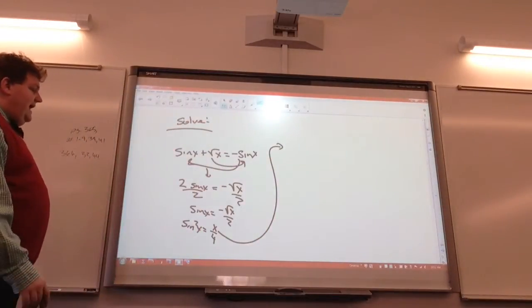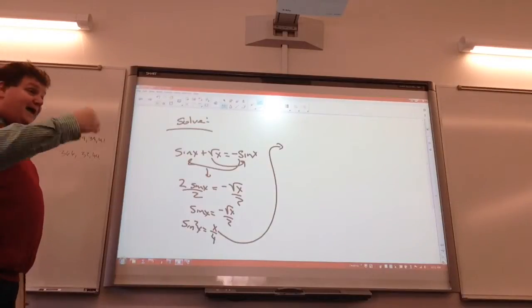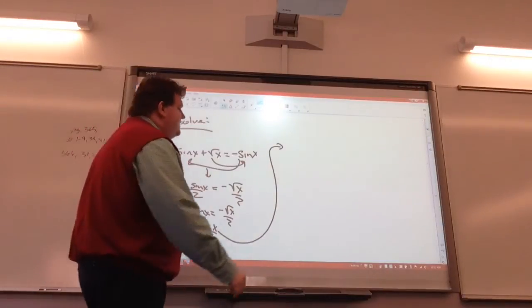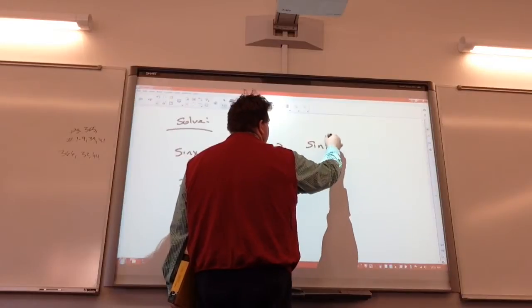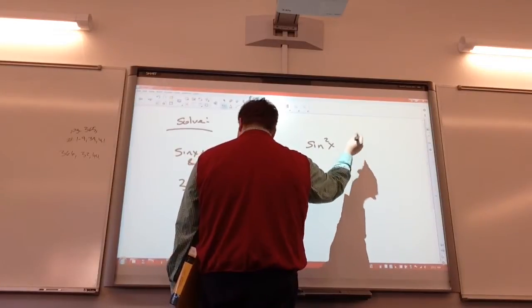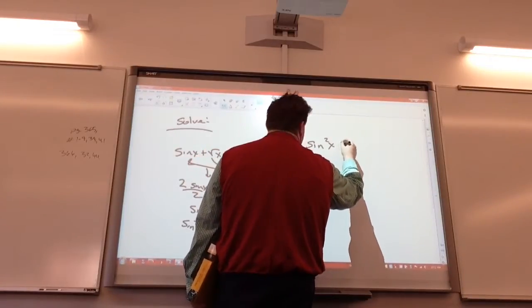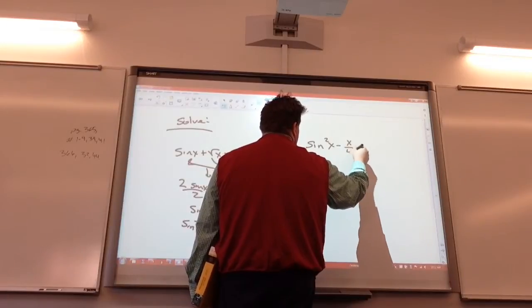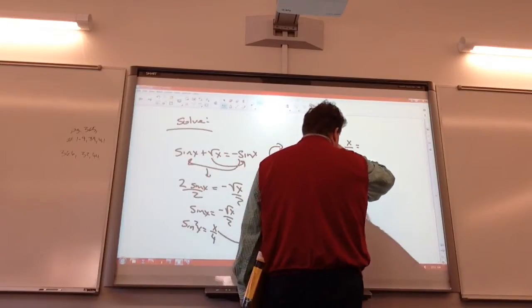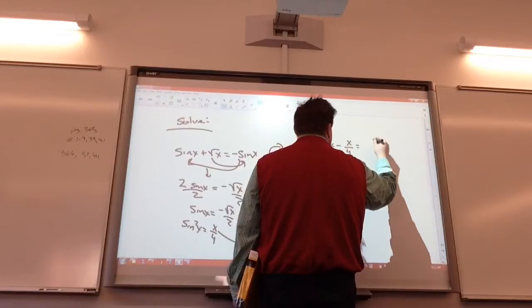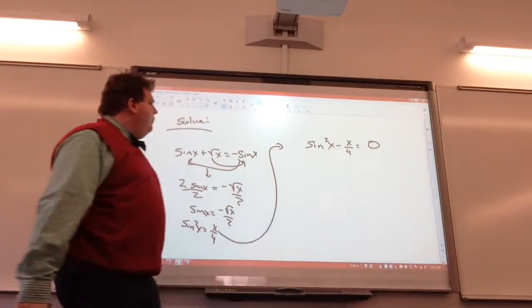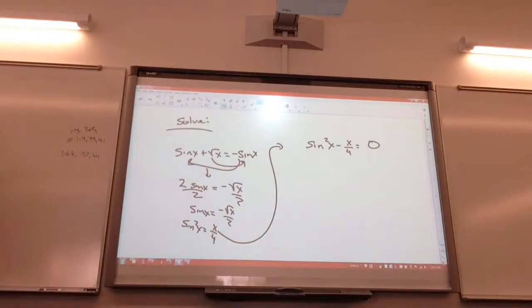I'm going to go ahead and move the x over 4 back over. Because then I'm going to have the sine squared of x minus x over 4 is equal to 0.